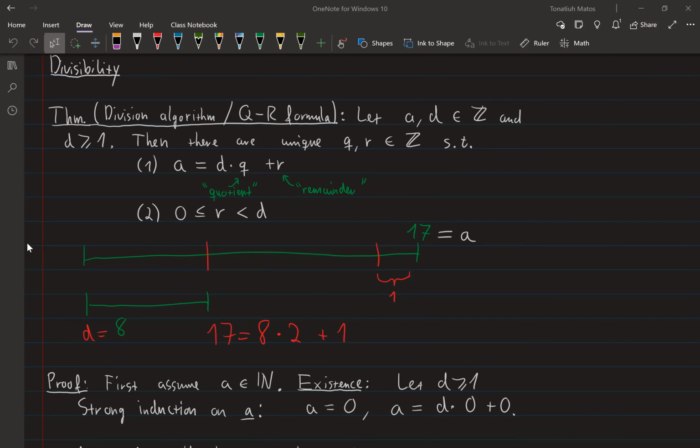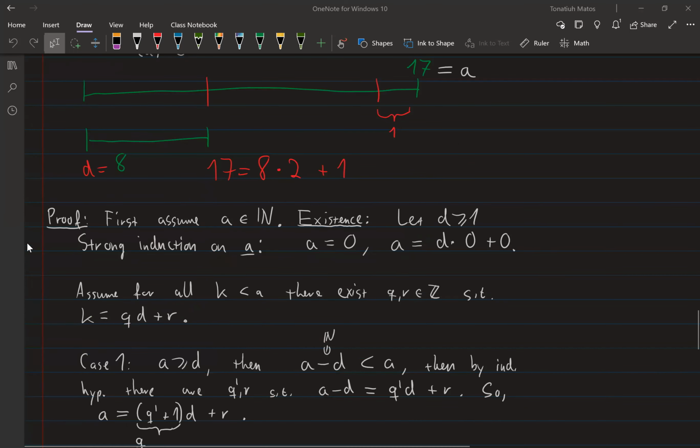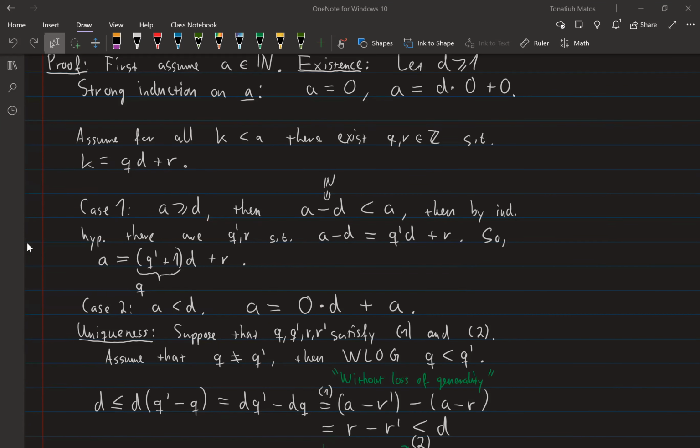Namely, you subtract the candidate for a quotient iteratively until you find a number that is small enough so that this question becomes trivial, as would be the case of case number 2.